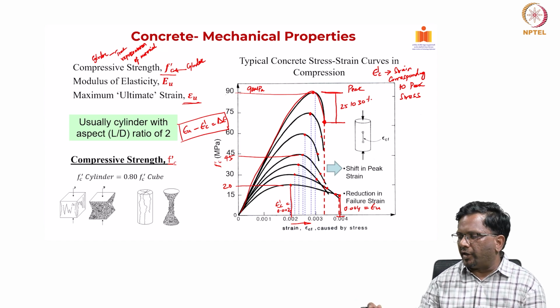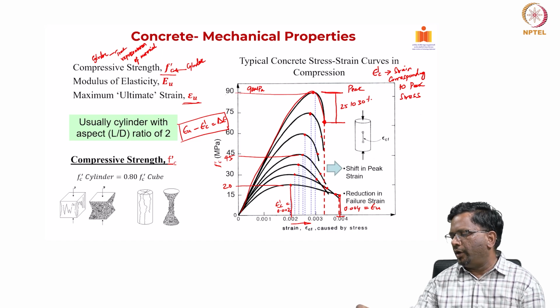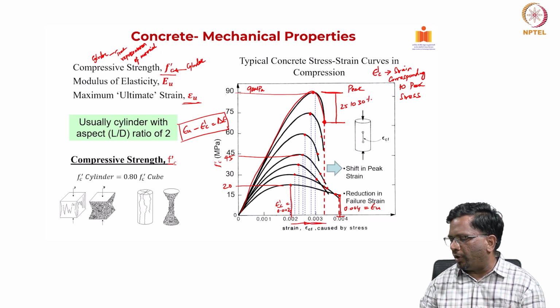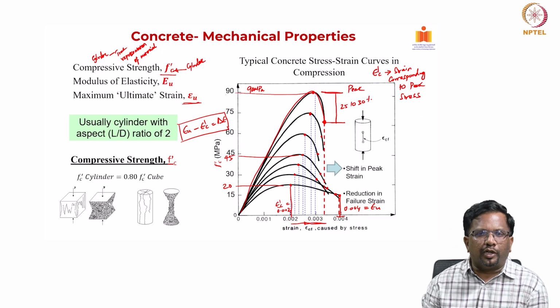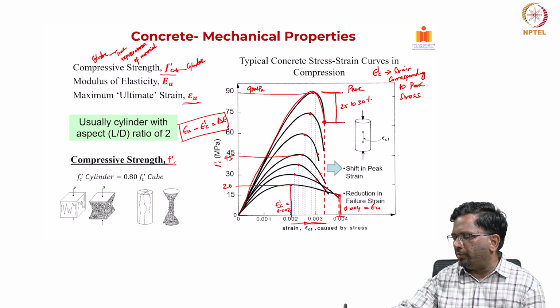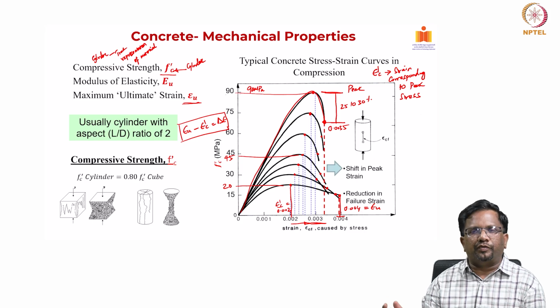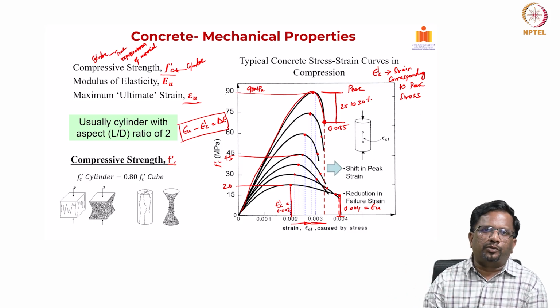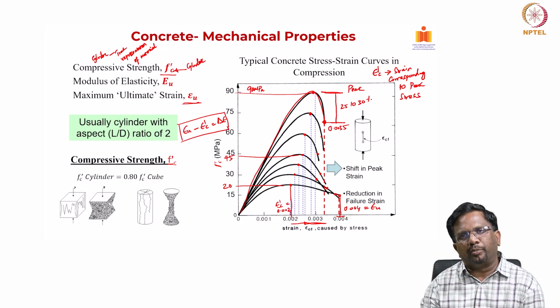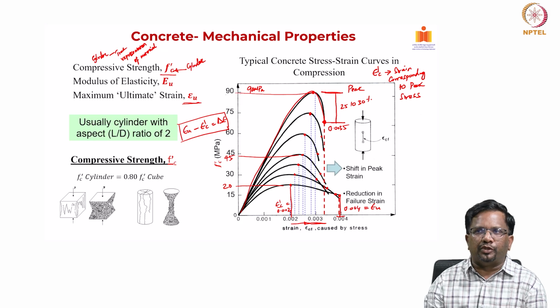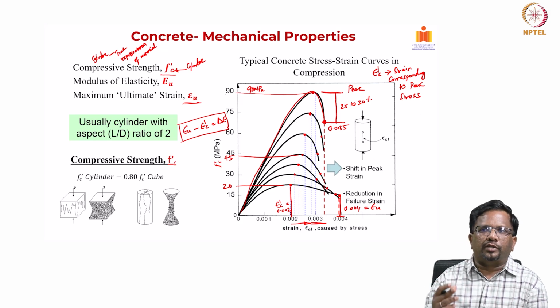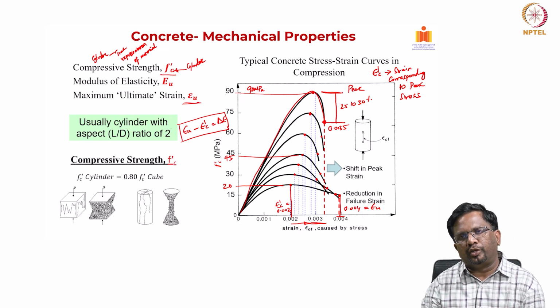But if you take the 90 megapascal concrete, your peak strain is about 0.003, but your ultimate strain will probably be around 0.0035. So, you can see here the difference between epsilon u and epsilon prime c for a 90 megapascal concrete is only 0.0005, but it is almost 0.002 for a 20 megapascal concrete.